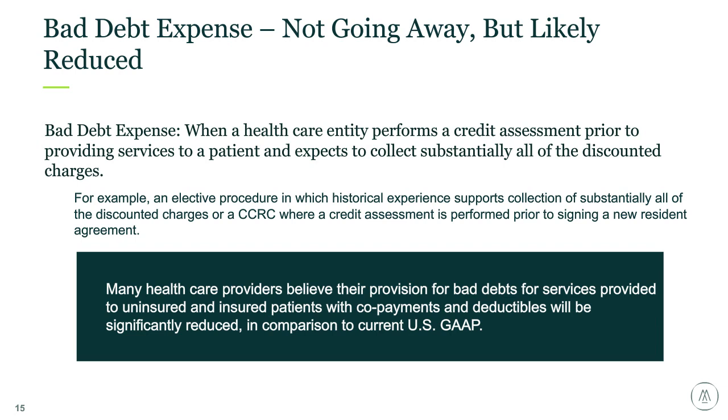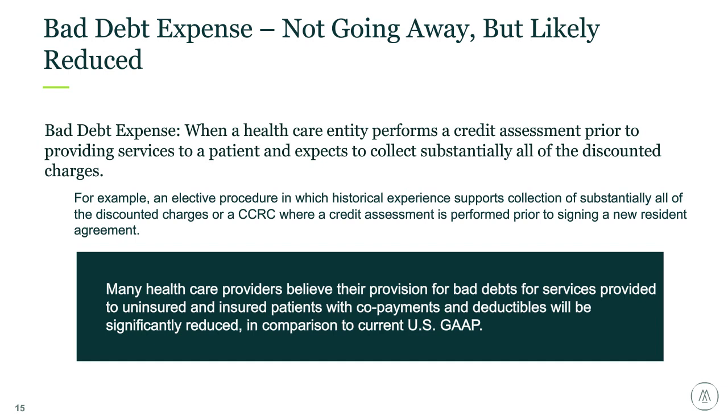I really just want to highlight a couple points. I think it's really important, and this will be impactful for many healthcare entities. If the customary business practice is to not perform a credit assessment prior to providing services, or you continue to provide services to a patient or a patient class even when historical experience indicates that it's not probable that you'll collect all of your discounted or billed charges, then you have provided an implicit price concession to the patient, even if you'll consider or continue to attempt to collect the full amount.